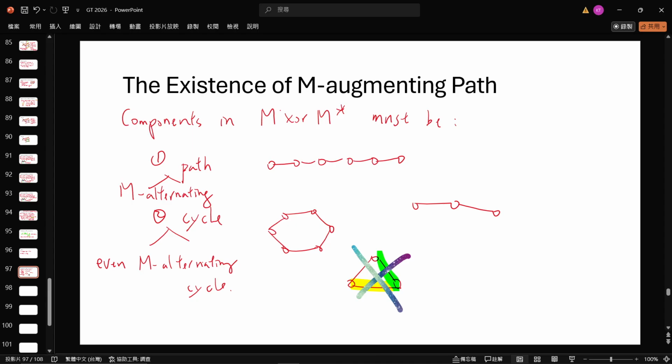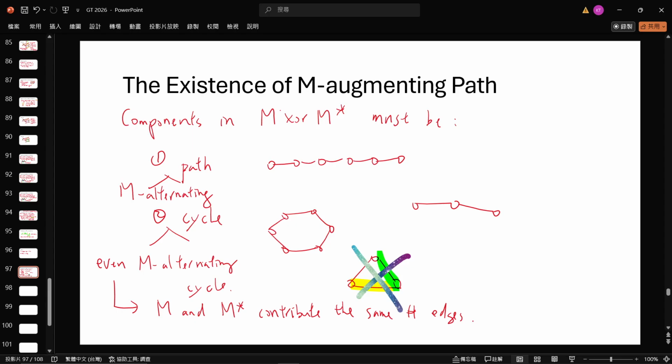In other words, in this cycle, we have the same number of edges from the green one and from the yellow one. Since the number of edges is even and they alternate, the green and yellow edges must be equal in number. And recall that the goal is to find an M augmenting path.